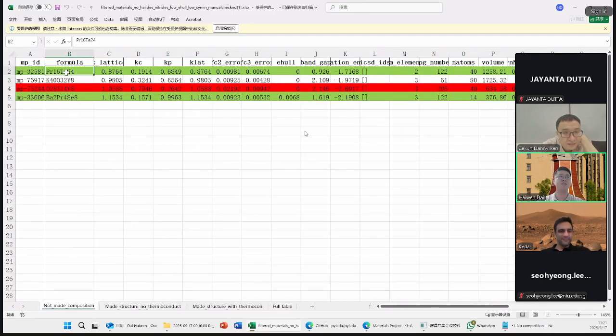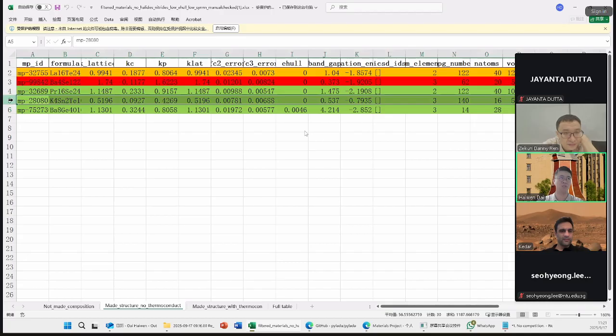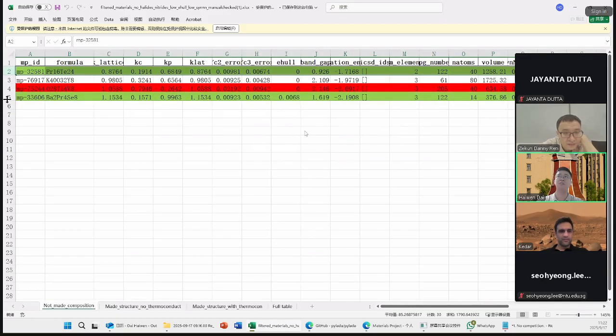The list of greens are something I have confirmed. They are references I have read through. I compared the seed files atom by atom. I confirmed that either the exact structure or a slightly disordered version of the structure had been made, but there's no thermal conductivity measurement. So there are 3 green ones here plus 2 green ones here.